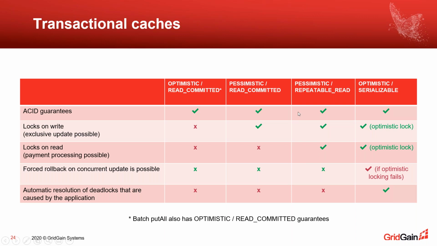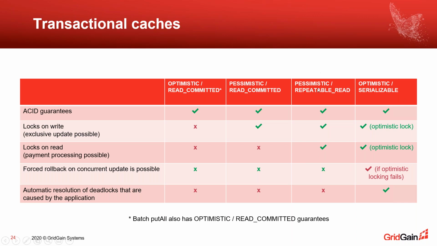Instead of acquiring real exclusive locks like pessimistic repeatable read transactions do, optimistic serializable transactions acquire optimistic locks, which of course implies that your transaction may fail with a transaction optimistic exception in case your optimism was premature. The good point about optimistic serializable transactions is that they are totally deadlock free.